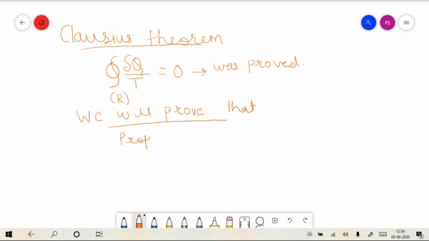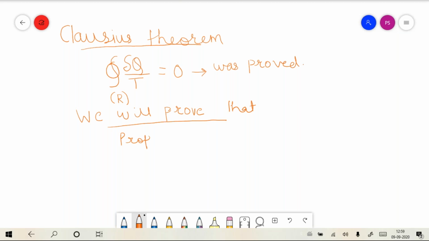What we'll be proving is that there exists a property, which we would name entropy, whose change, let us say, is given by this expression.